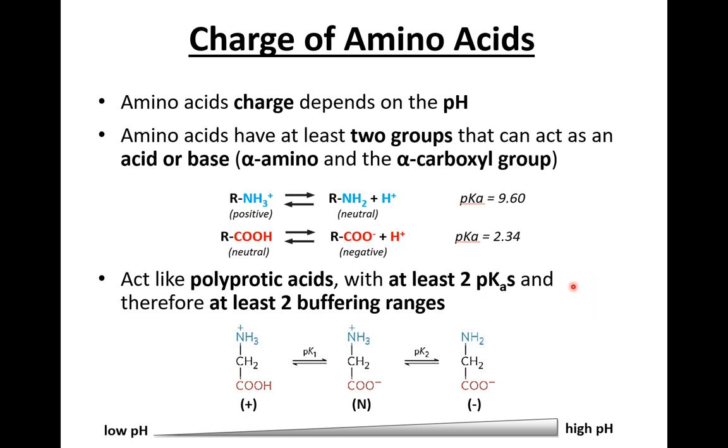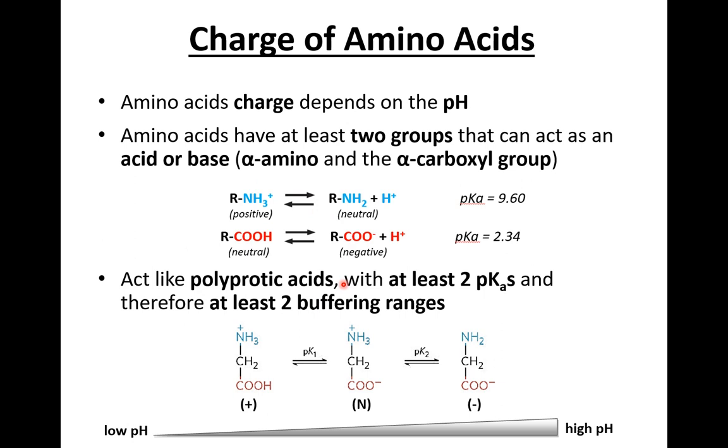Because of this, each of these groups will be acting like a base or an acid, for example. And therefore, amino acids can be considered polyprotic acids, right? They are for sure acids. So this group can bind one proton, this group can release a proton, so it can be considered a polyprotic acid.